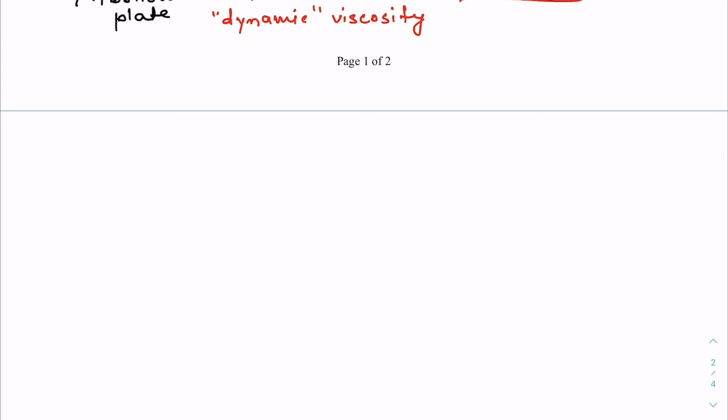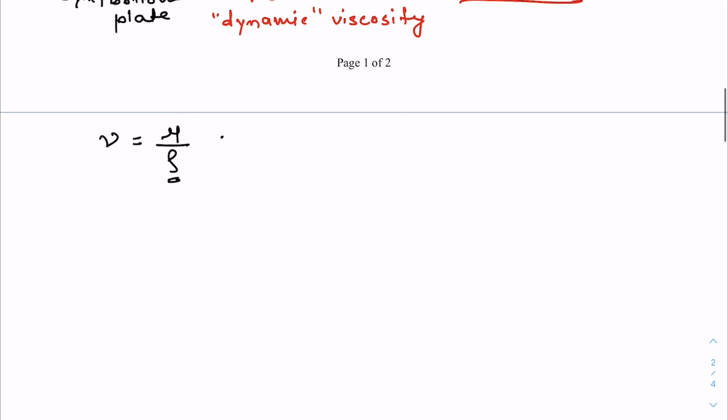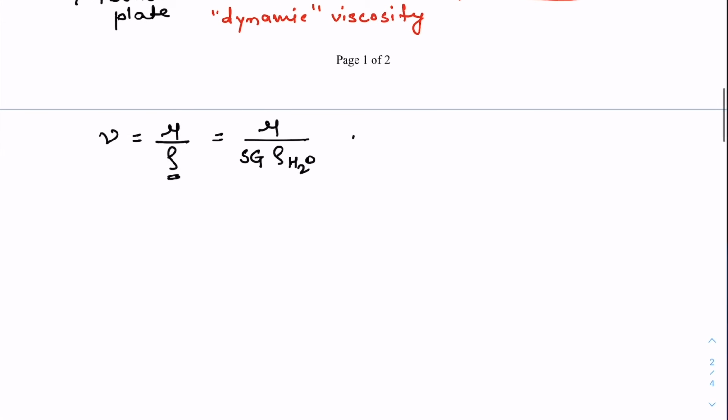And as you may know, kinematic viscosity is defined as dynamic viscosity divided by the density. And here we are given the specific gravities. So it will be dynamic viscosity divided by specific gravity times the density of water. If we rearrange the terms, the dynamic viscosity is kinematic viscosity times specific gravity times density of water.